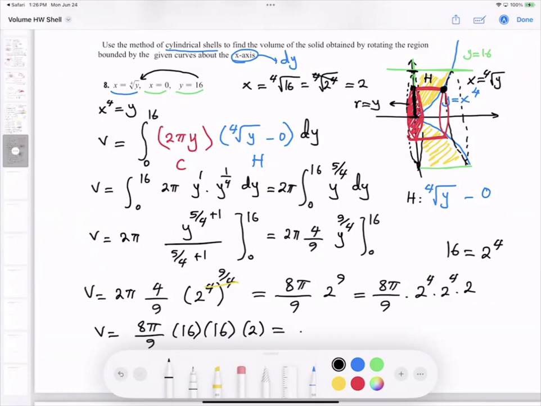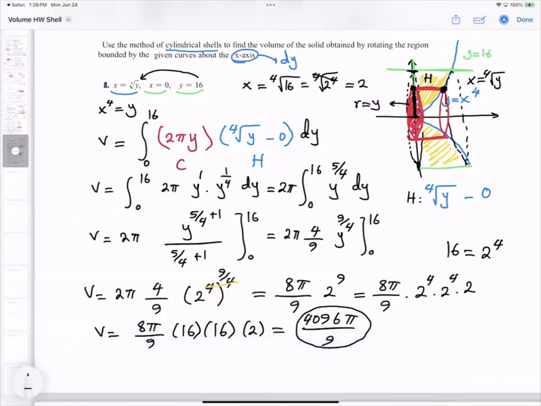If we use a calculator, what do we get? Let me check my calculator. Yes, that's correct. 4096. Thank you very much. 4096 pi over 9. This is the volume of this object rotating about the x-axis using the cylindrical shell method.